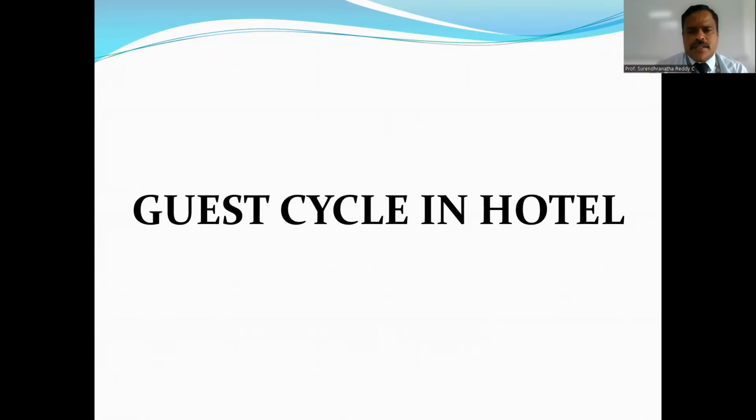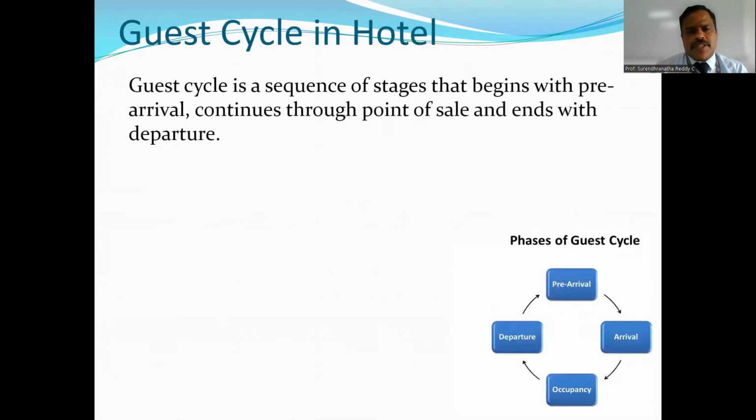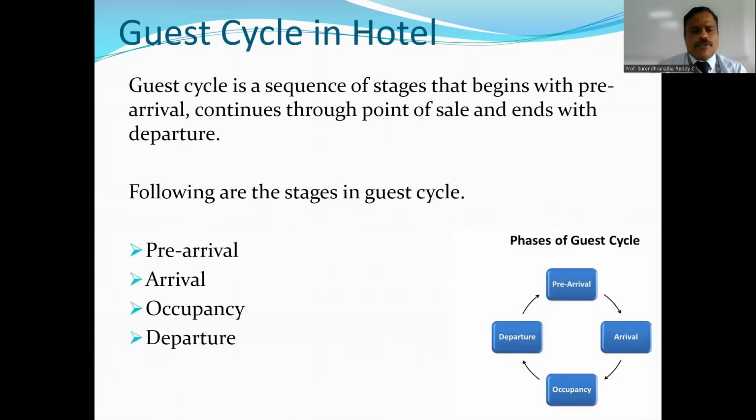When you look at the guest cycle, there are four stages. The first stage is called pre-arrival, followed by arrival, occupancy, and departure. As I said, you can look at the picture. Where the customer starts inquiring with a hotel, that's where the pre-arrival stage comes, followed by confirming the booking, making payment, then reaching the hotel, staying there, that is occupancy.